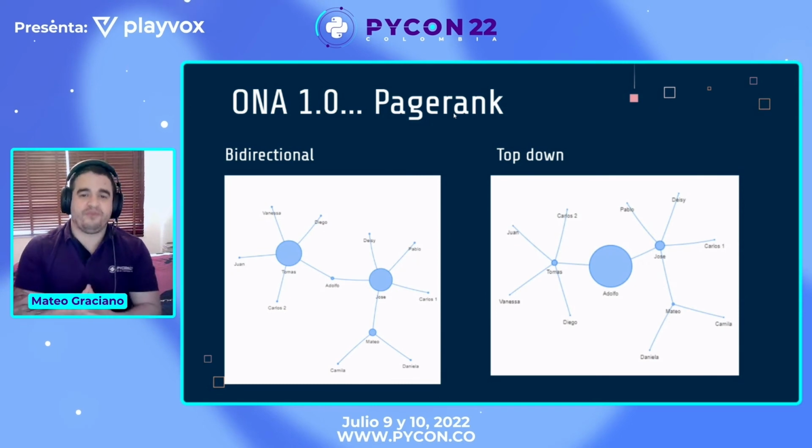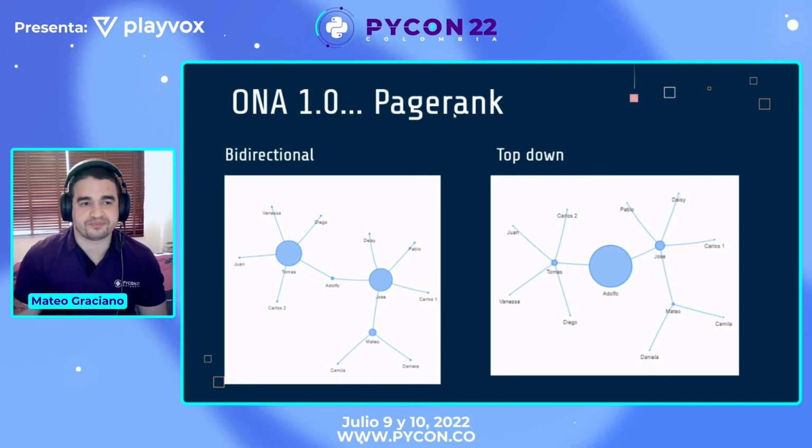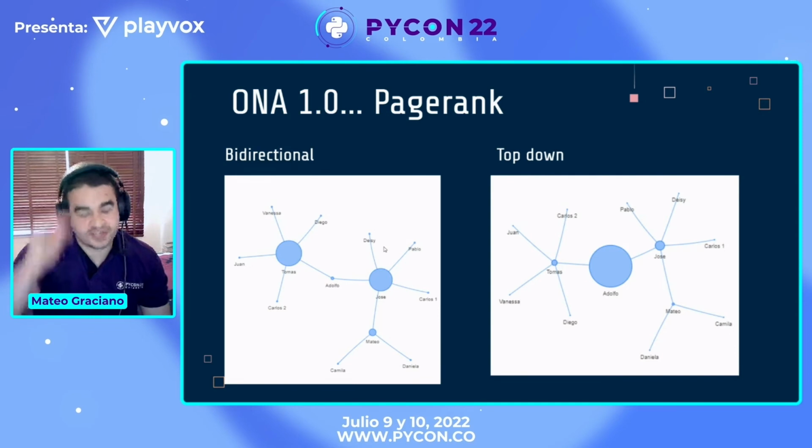And when I was preparing this presentation, I was amazed by this result. If the hierarchy is bidirectional, the most important people in your company are the middle leaders. Not the top leaders, but the middle leaders.